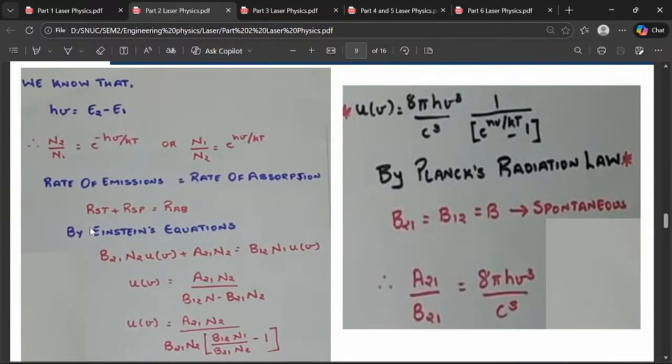Here the rate of emission is equal to the rate of absorption. What the electrons have absorbed will be given back as emission. The rate of stimulated emission plus the rate of spontaneous emission is equal to the rate of absorption.